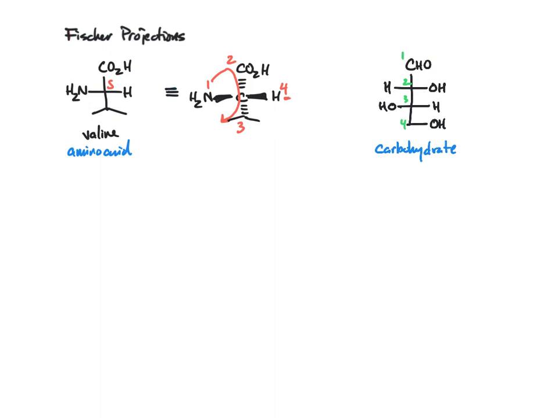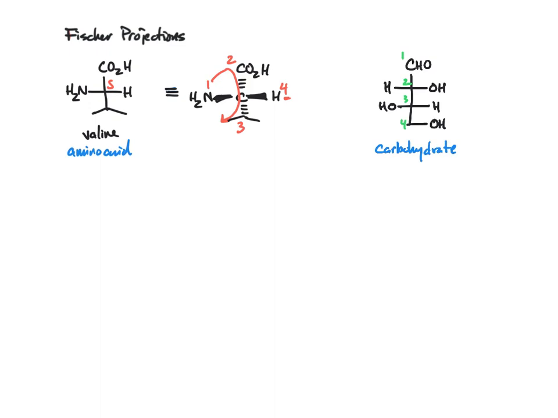What would you assign to carbon 2? Is it R or S? S. When you look at it initially, it looks like it's S. But this is coming out towards you.